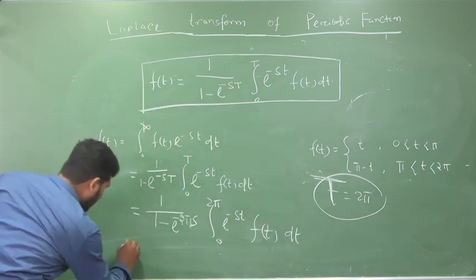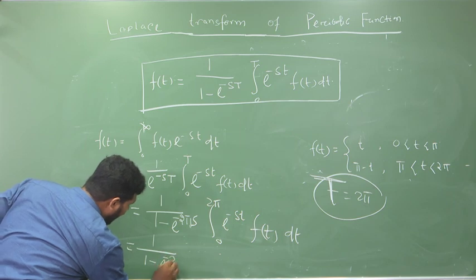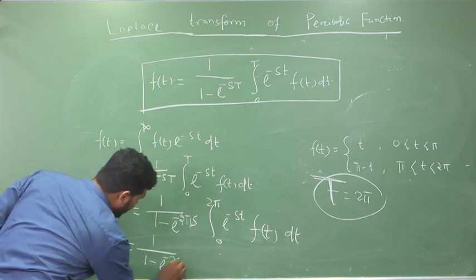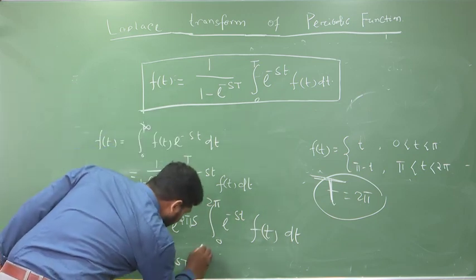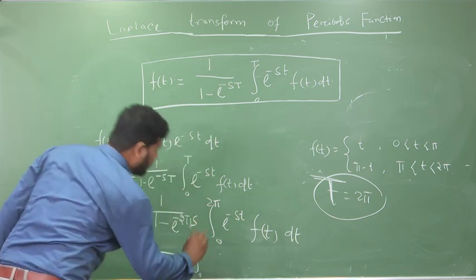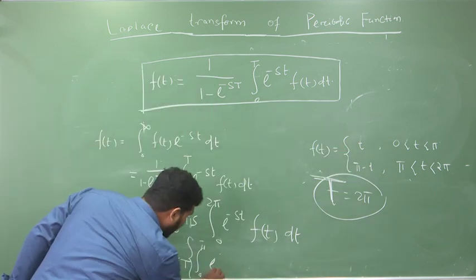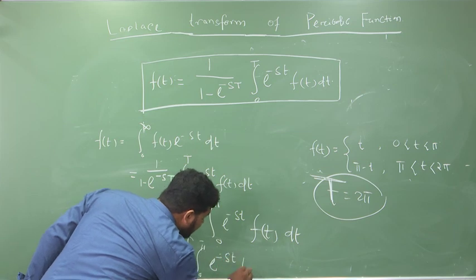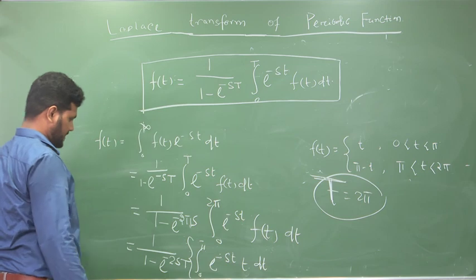So we have 1 upon 1 minus e power minus 2 pi s. From 0 to pi, this is a different form, that is small t, so e power minus st times t dt.